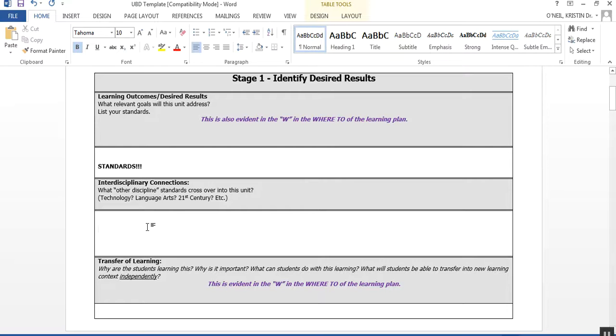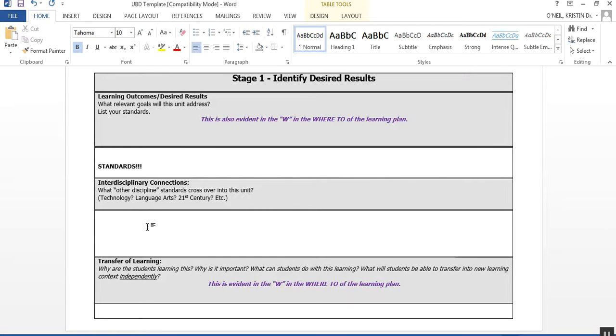You're also going to have your interdisciplinary connections. And how does what this unit is teaching apply to science if it's language arts? Apply to math if it's language arts? Apply to social studies if it's language arts? Apply to technology if it's language arts?